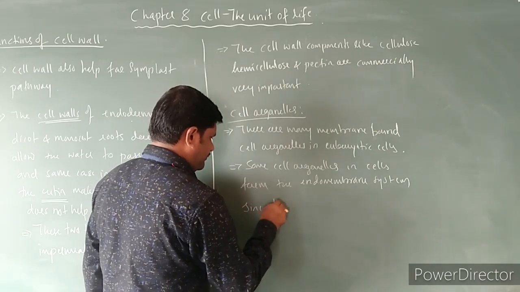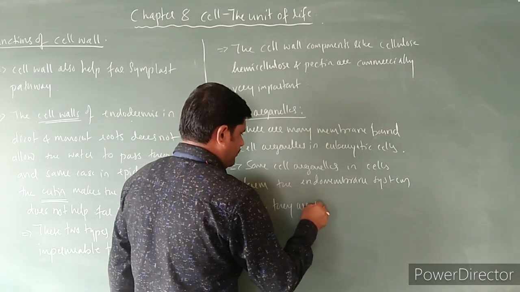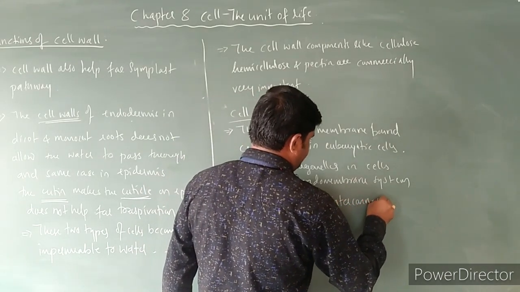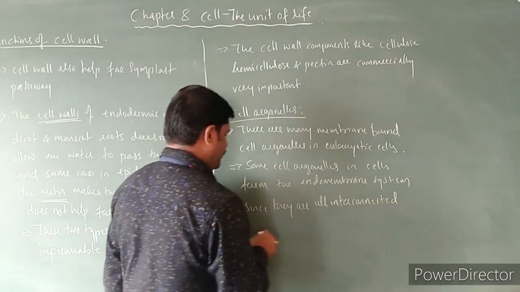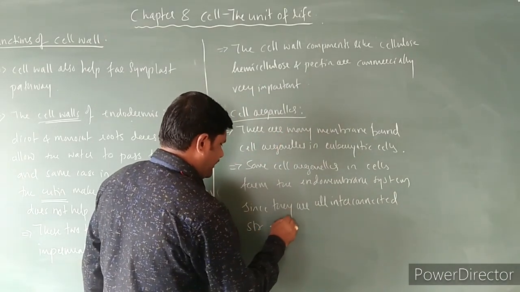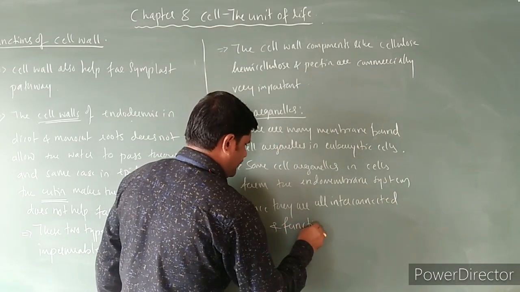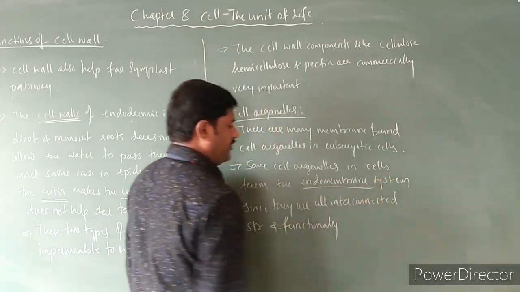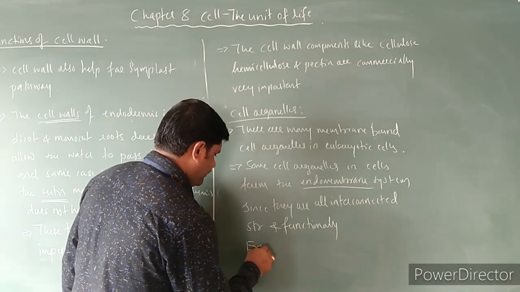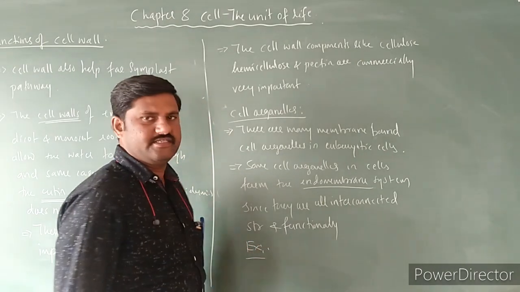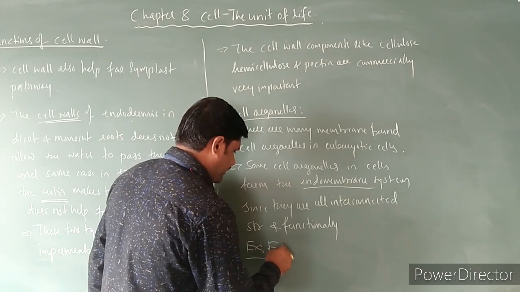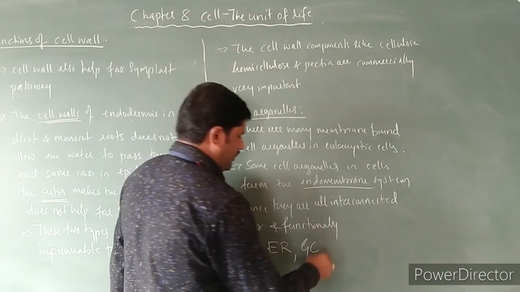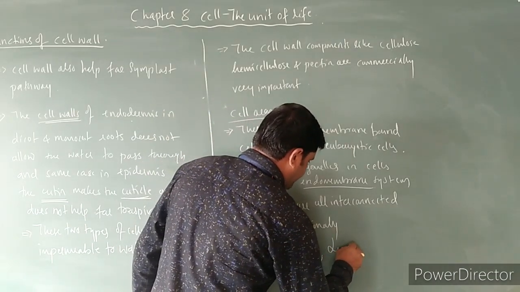Since they are all interconnected, both structurally as well as functionally, they form endomembrane system. Say for example, let us see. Endoplasmic reticulum is there. Golgi complex is there. Along with this one, lysosomes are there.